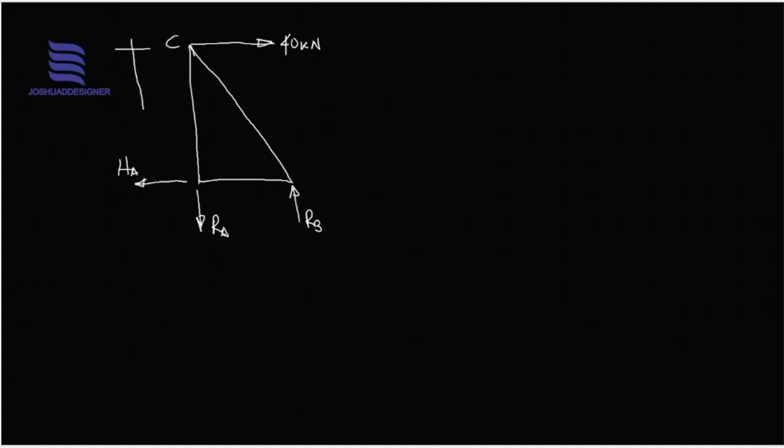We have 3 meters from the base and 4 meters apart. RA obtained is 30 kilonewton. RB obtained is 30 kilonewton. The direction says it all. HA obtained is 40 kilonewton.